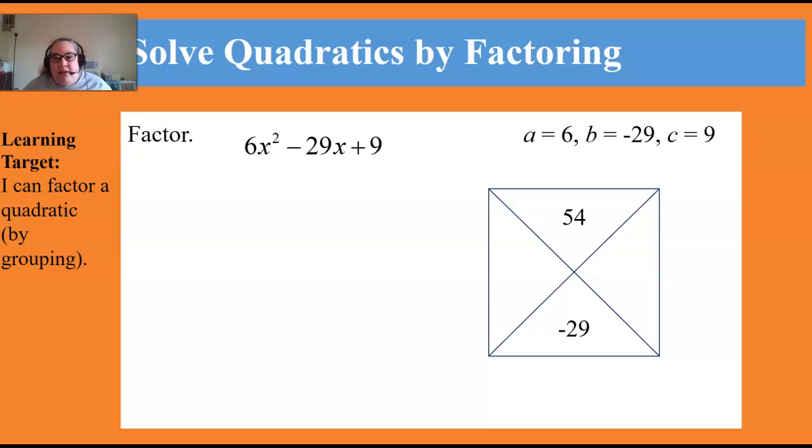There is also another screencast talking about how to find factor pairs with your calculator. However you figure this out, the two factors that we're looking for are negative 2 and negative 27. Negative 2 times negative 27 is 54. Negative 2 plus negative 27 is negative 29.